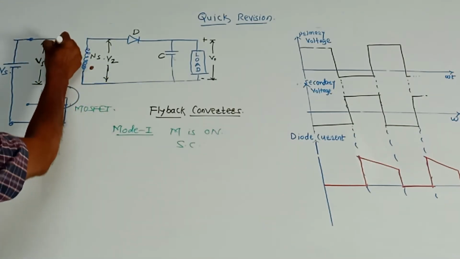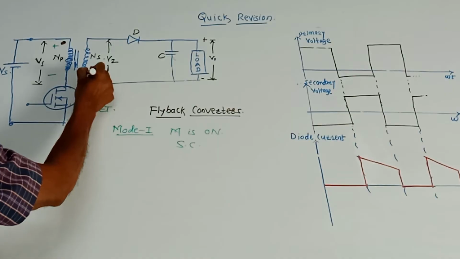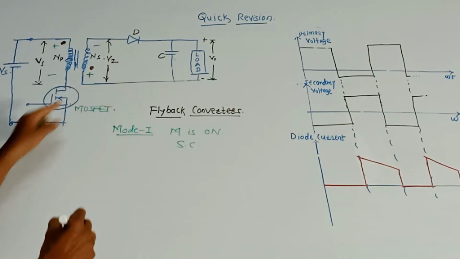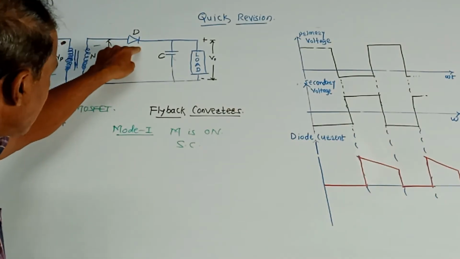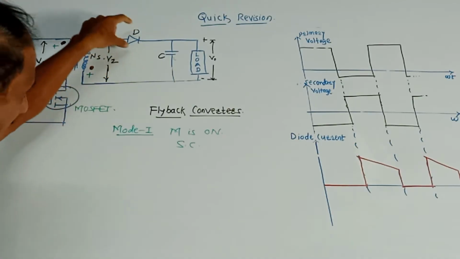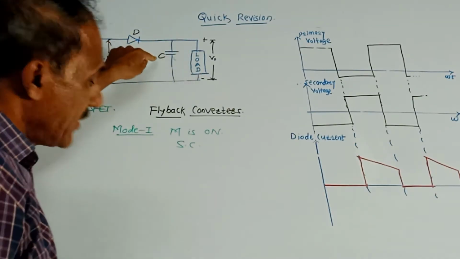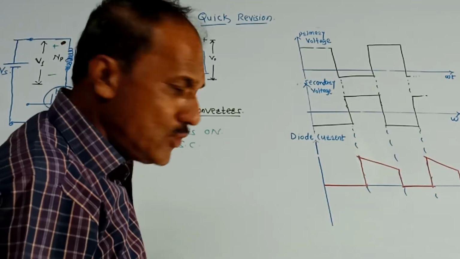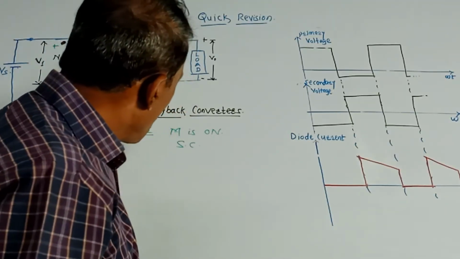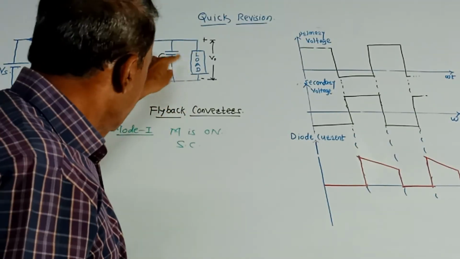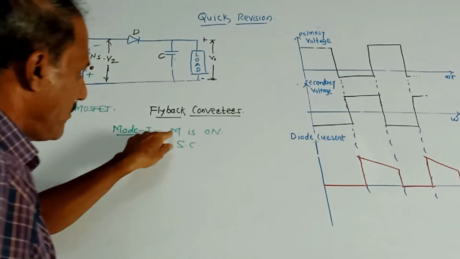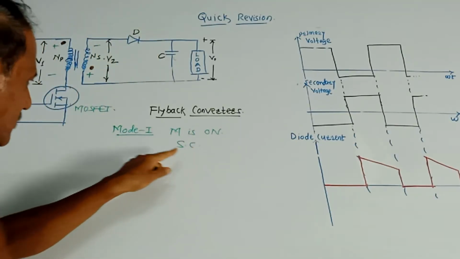The polarities are plus, minus, and this dot here I will mark plus, minus. Due to this, diode D is reverse biased and as if the load is disconnected, but we are using a capacitor of larger value, so this capacitor supplies the current to the load. This is the case in mode 1 when the MOSFET is on and it is acting as a short circuit.